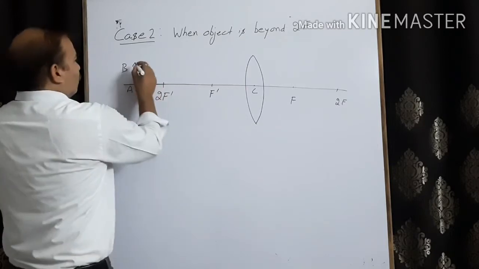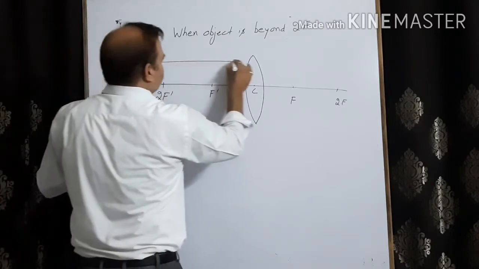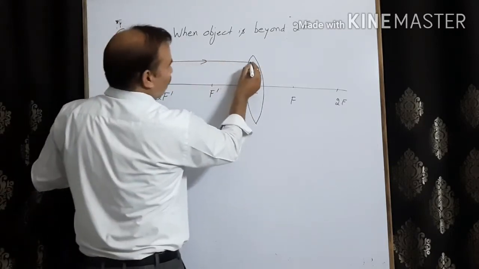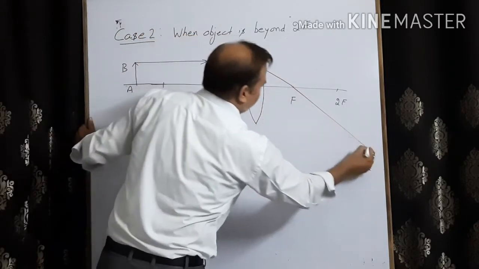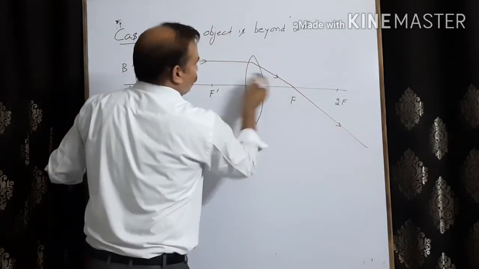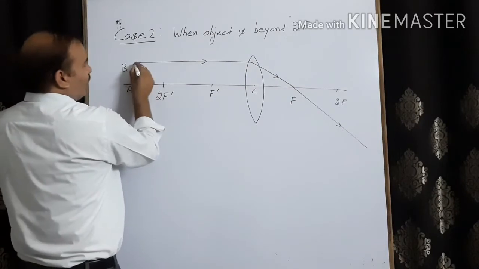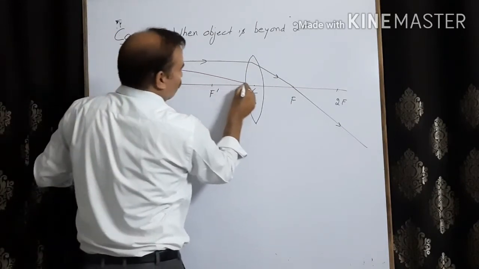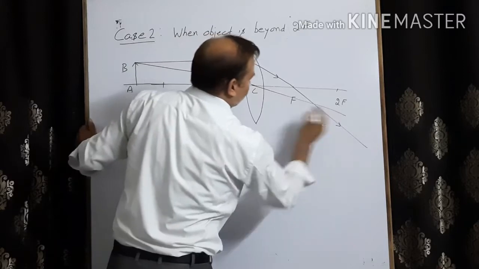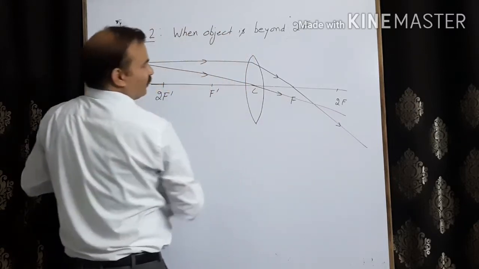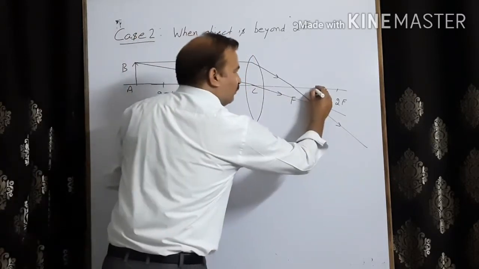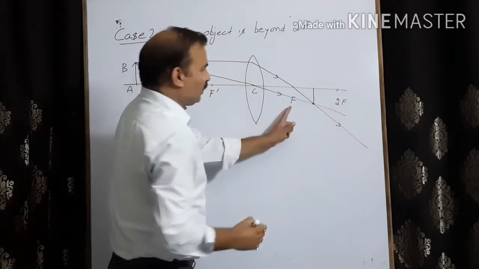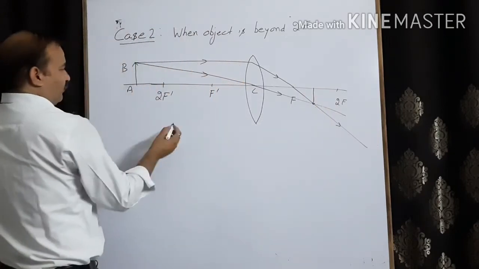First ray of light parallel to the principal axis, after refraction it will pass through the focus. Second ray of light passing through the optical center will go undeviated. Fine. And the image is formed between f and 2f.